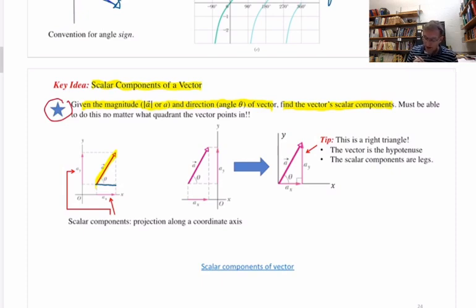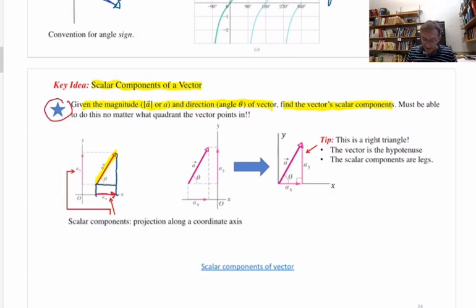They are the projections of the arrow, the vector, along the coordinate axes. So for example, if you project the vector A onto the x-axis, then you drop perpendicular lines straight down from the tail and from the head until you hit the x-axis. And then you draw a little arrow with an arrowhead along the x-axis.